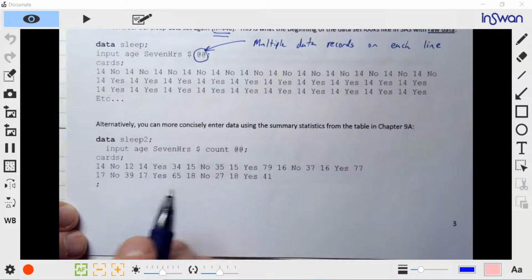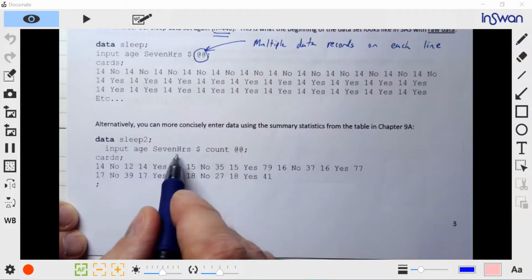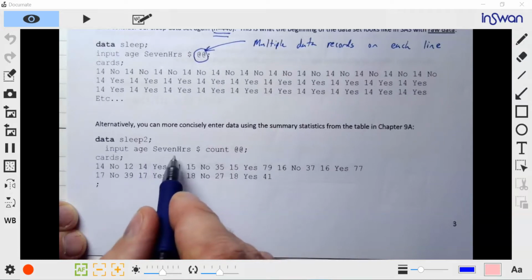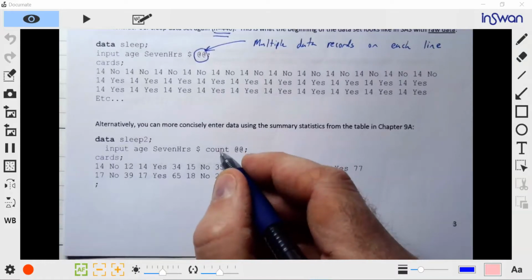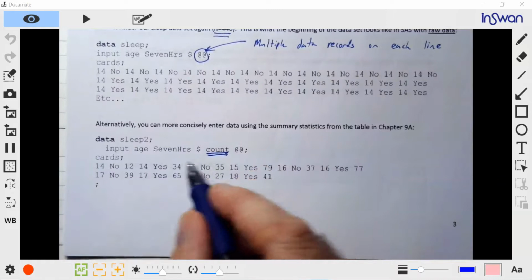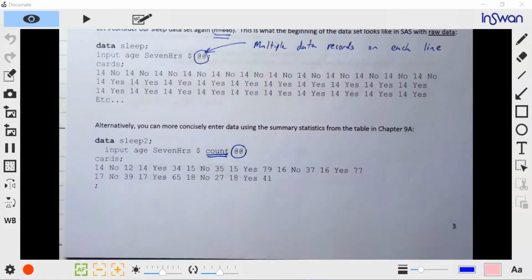And so we can provide summary statistics data. So I'm going to enter data sleep, input age 7 hours again, the same two variables. I need to know how old they were and whether or not they got 7 hours of sleep on average. But now I'm going to also include this count variable that just tells me how many fall into each category. Again, I'm still going to use the at notation because I'm going to include the records from line to line, or across each line.